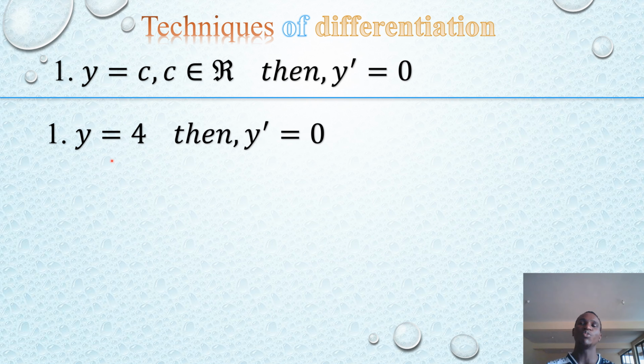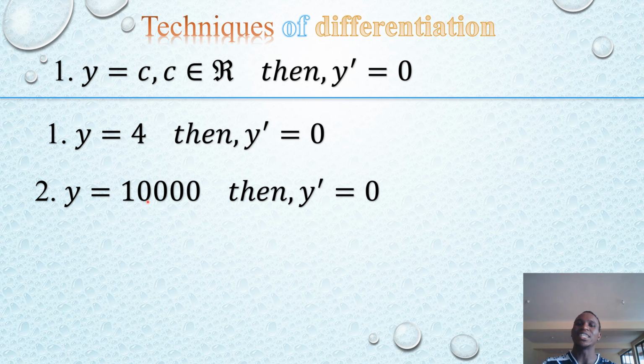So when y is equal to 4, for instance, 4 is a constant, then it means that the derivative of y with respect to x is 0. There is no x there now, so it's a constant, so it will be 0. Whether the number is so large, so long as it is a constant, then the derivative will be 0.